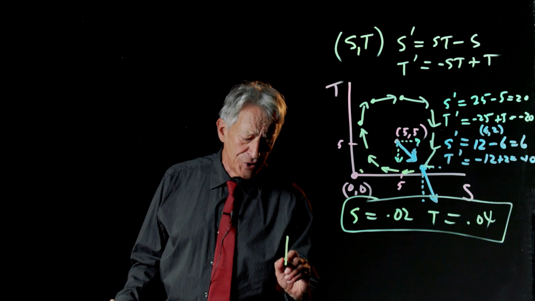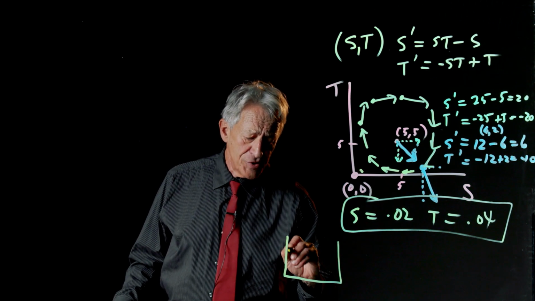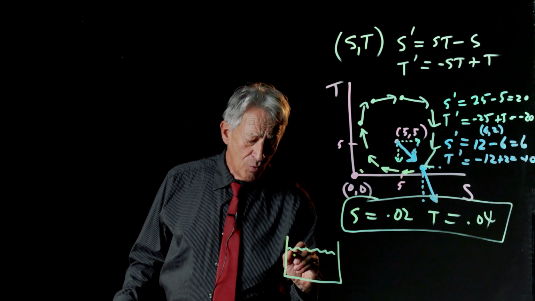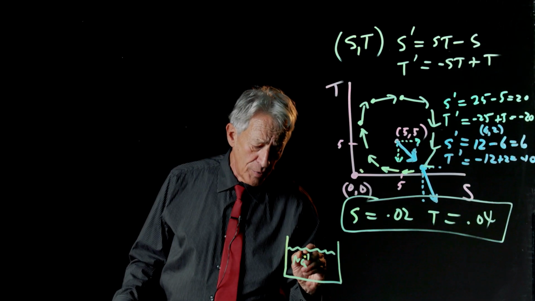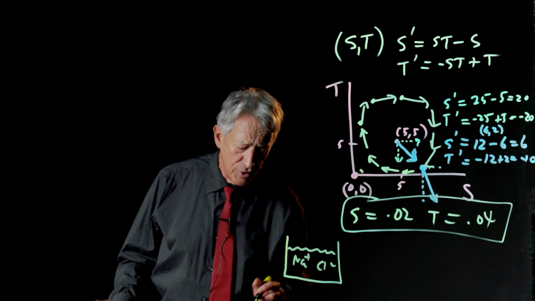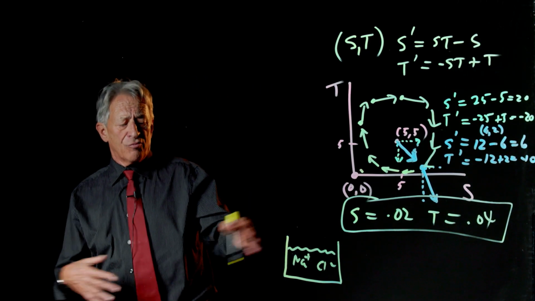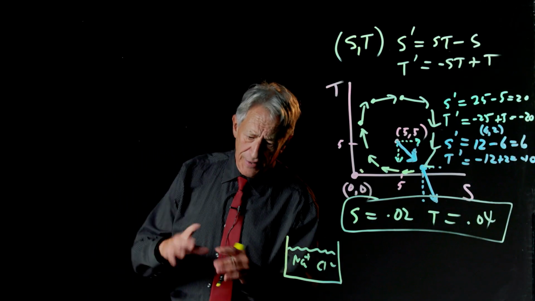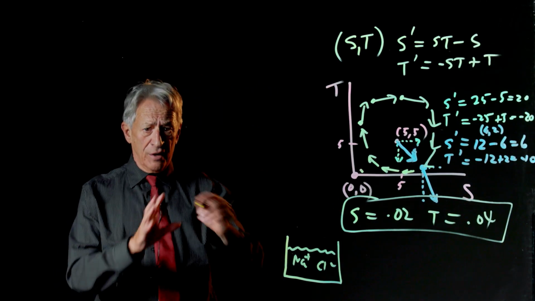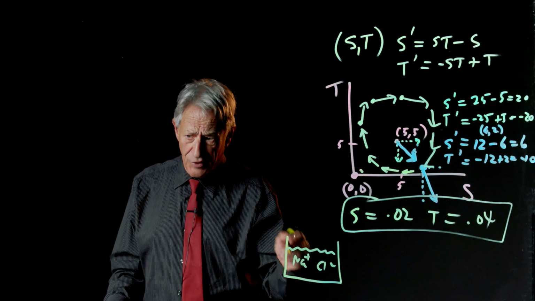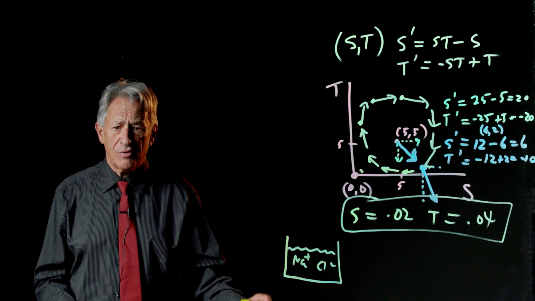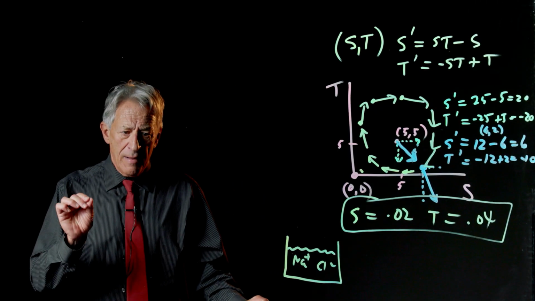Let me remind you that in chemistry, we deal with a situation where we have sodium ions and we have chlorine ions, and they run around in the solution and they bump into each other, and we make equations for how the sodium concentration changes and how the chloride concentration changes.